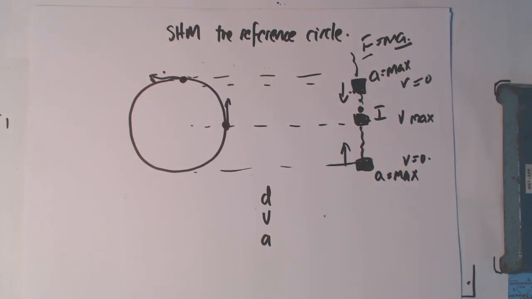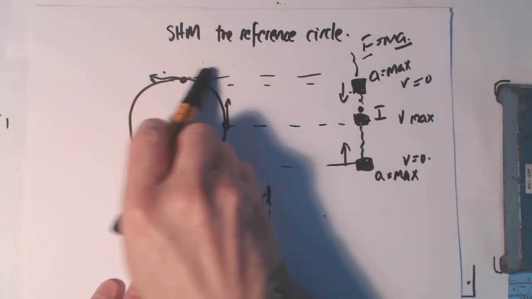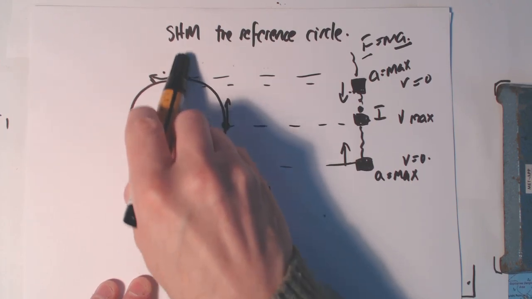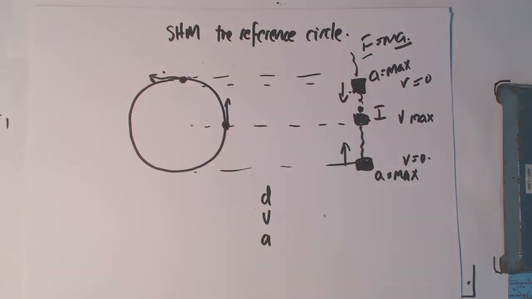We're saying its velocity is 0. Well, its velocity is totally horizontal, so its velocity in the vertical direction is 0. When it gets around back to here, or here, its velocity is maximum because it's only now got a velocity in the vertical direction.